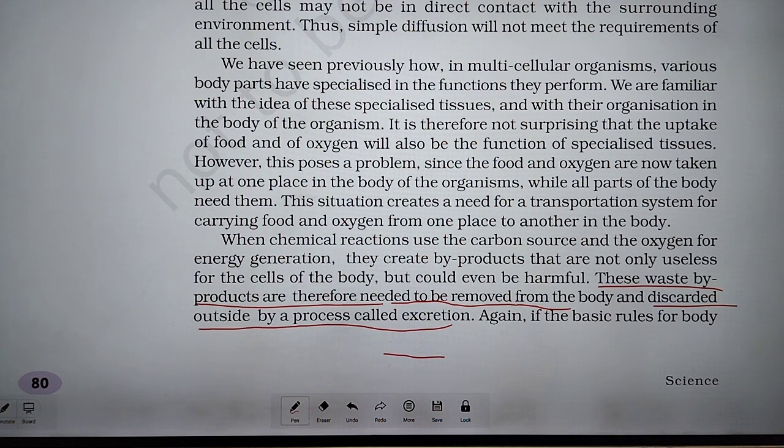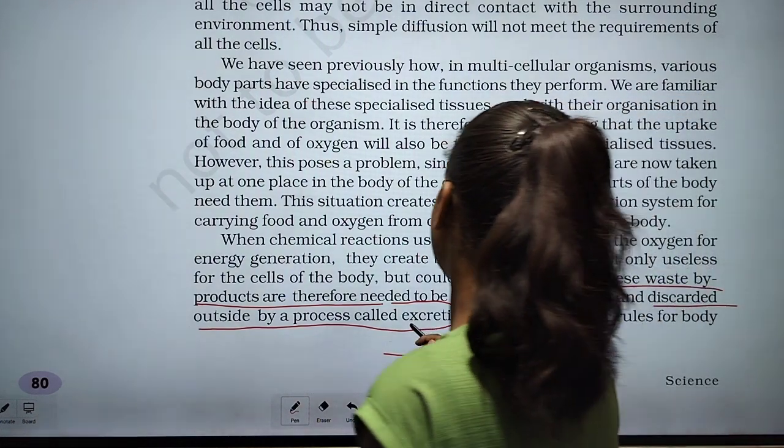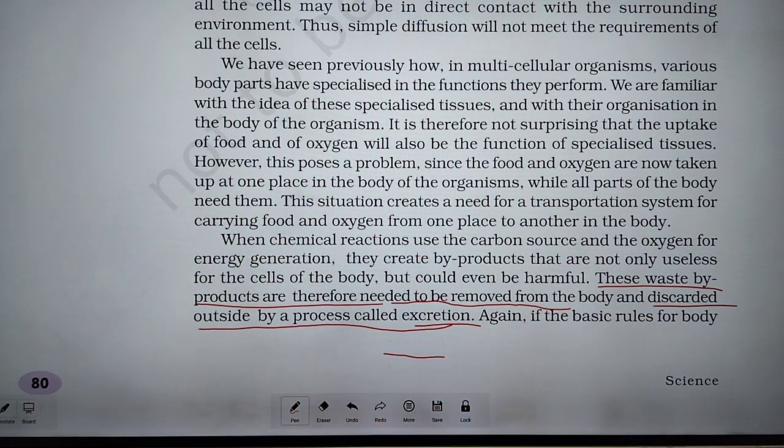It means removal of wastage from our body.